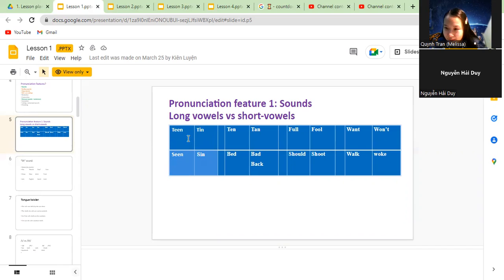About the stress. Stretch? Really? How can you know that? Long sound, it has two similar words. No, I don't think so. Like this word.